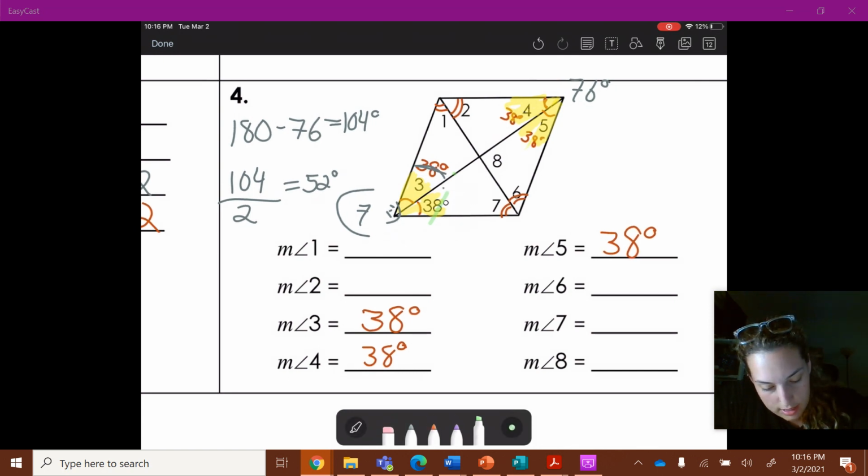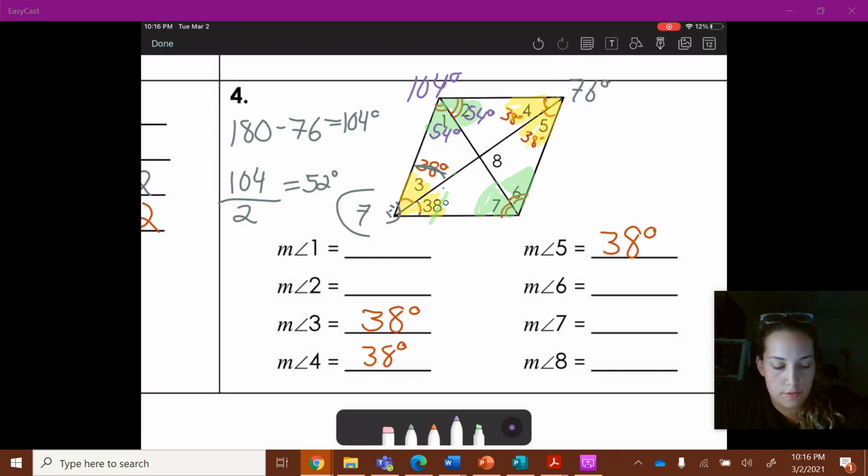I will highlight them for you since you guys like these colors. These ones over here too, because we know opposite angles are congruent, and we know those alternate interior angles are also congruent. So these two angles are 54 degrees because this whole thing is 104 degrees, as shown by what I did right here.